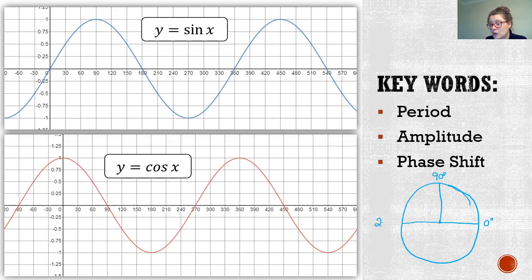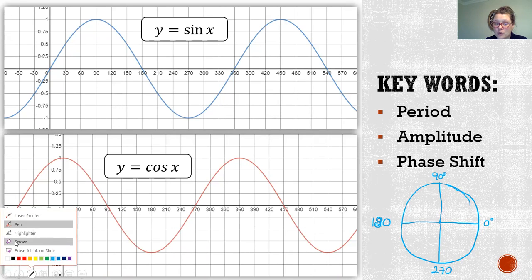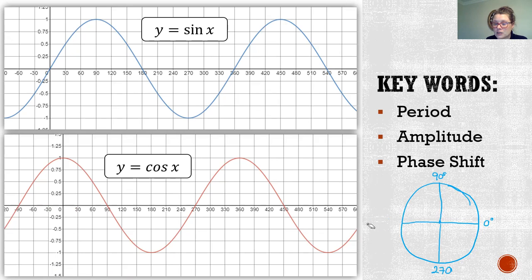Horizontally, we get 180. And then if we go straight down, I'm going to erase that and write that a little better. We get 270, okay? So those are our degrees that we happen to have in the circle. And we'll look at what values match up with those particular pieces.